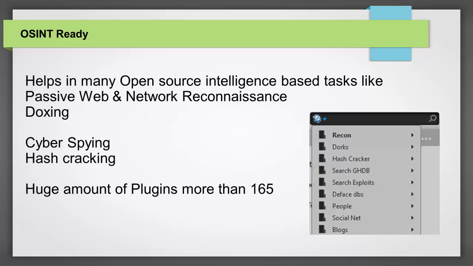It is also OSINT ready. The HCON STF framework helps in many open source intelligence based tasks such as passive web and network recon, doxing, cyber spying, or hash cracking. There are a huge number of plugins found in this tool, more than 165.